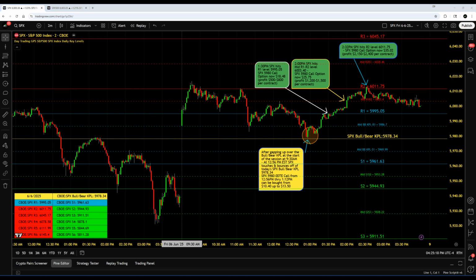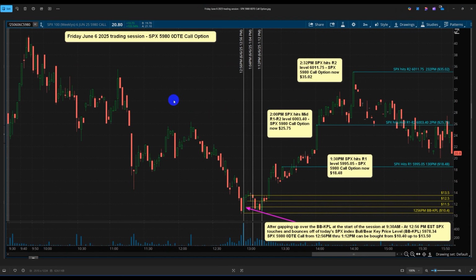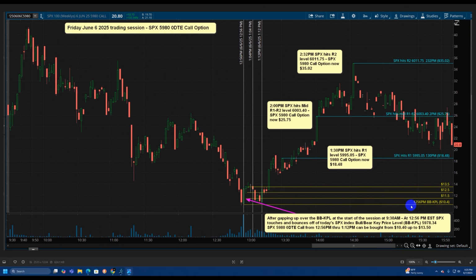All right, so now let's take a look at the thinkorswim. So again, Friday, June 6, 2025 trading session. I've marked off here the levels from 1040 to 1350. This is where the entry would have been, or at least the initial entry consideration. Here on this bar, we're at 1256, where it came down 29 cents short of the BBKPL and then closed back above.